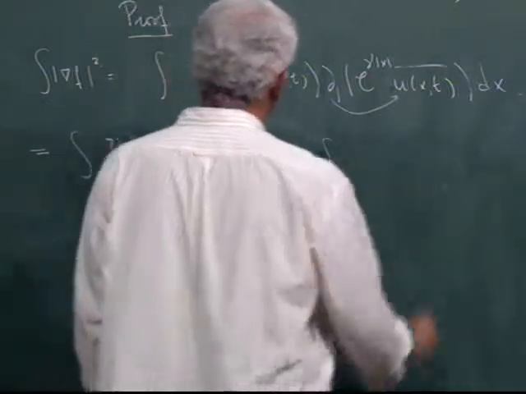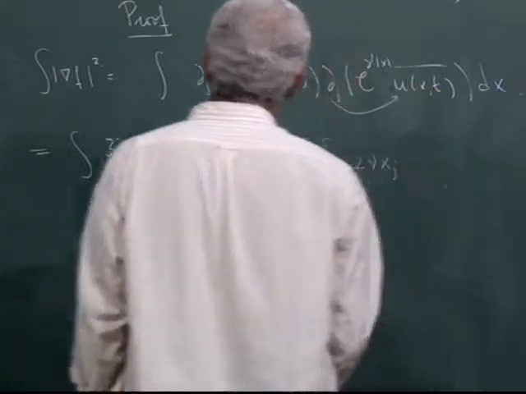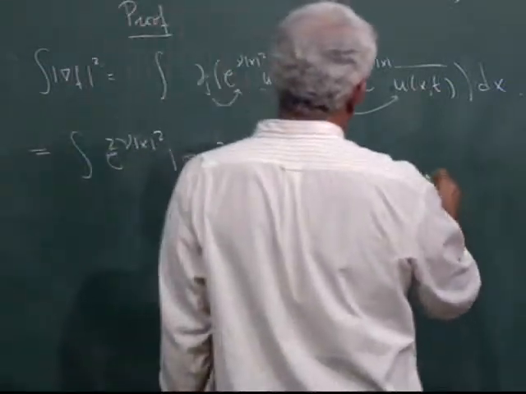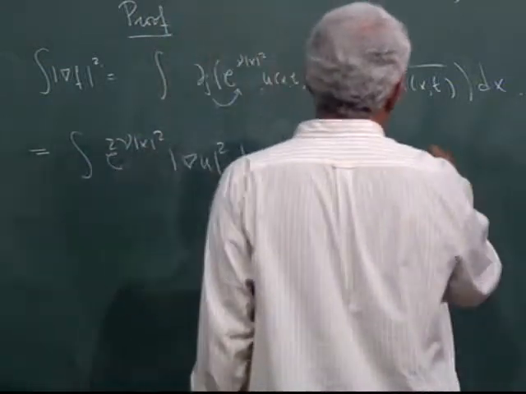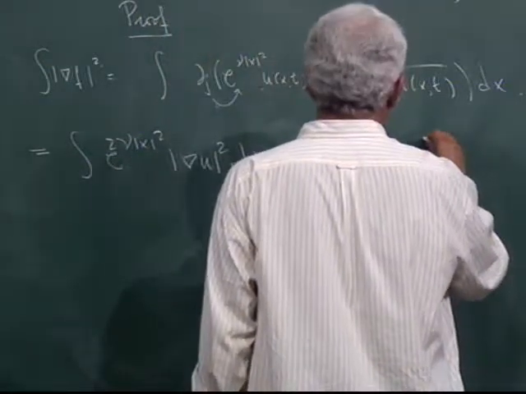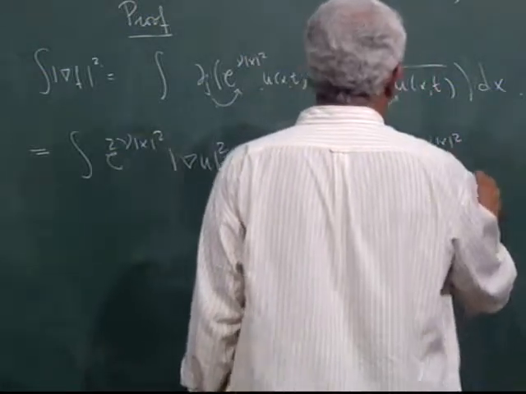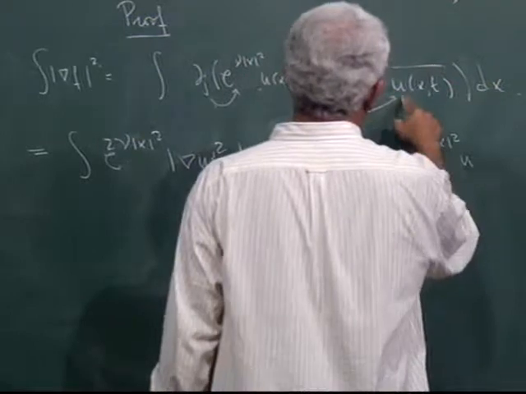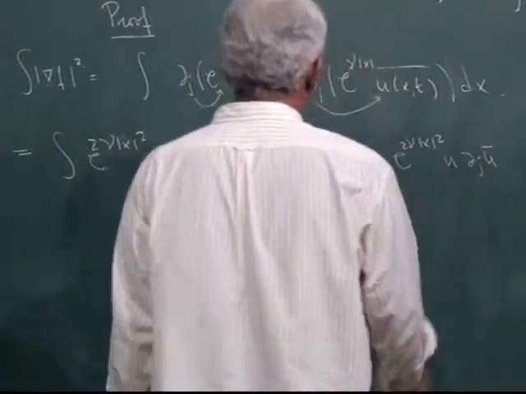This is going to be twice u x sub j. And then you're going to have the same power here as there. Then you have u here and this one hits here.